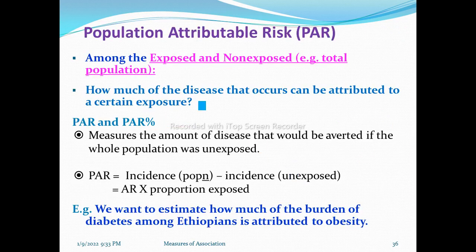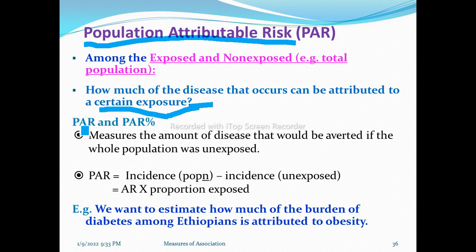Now we will see the fifth parameter, population attributable risk, among the exposed and non-exposed, or for example the total population. How much of the disease that occurs can be attributed to a certain exposure?